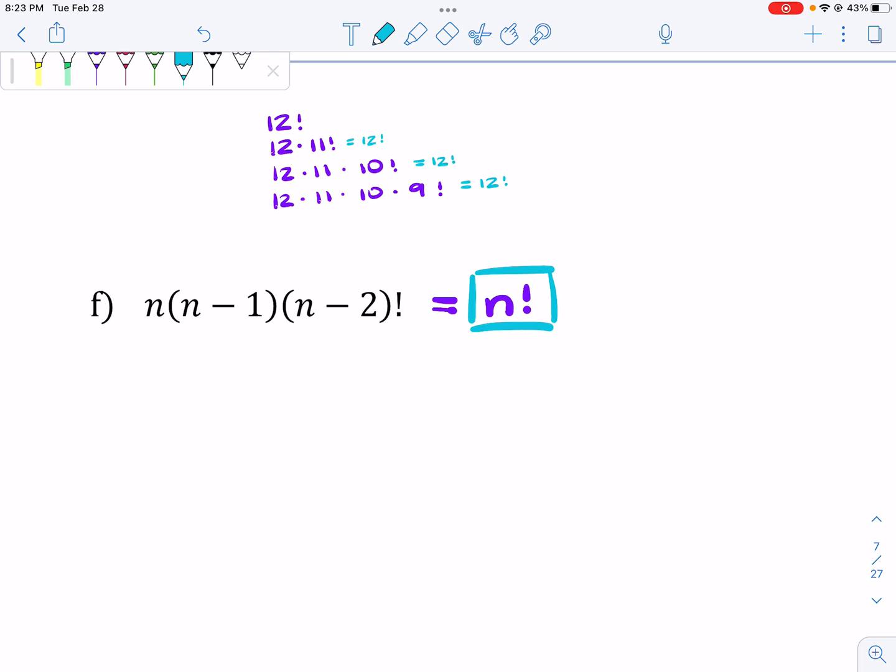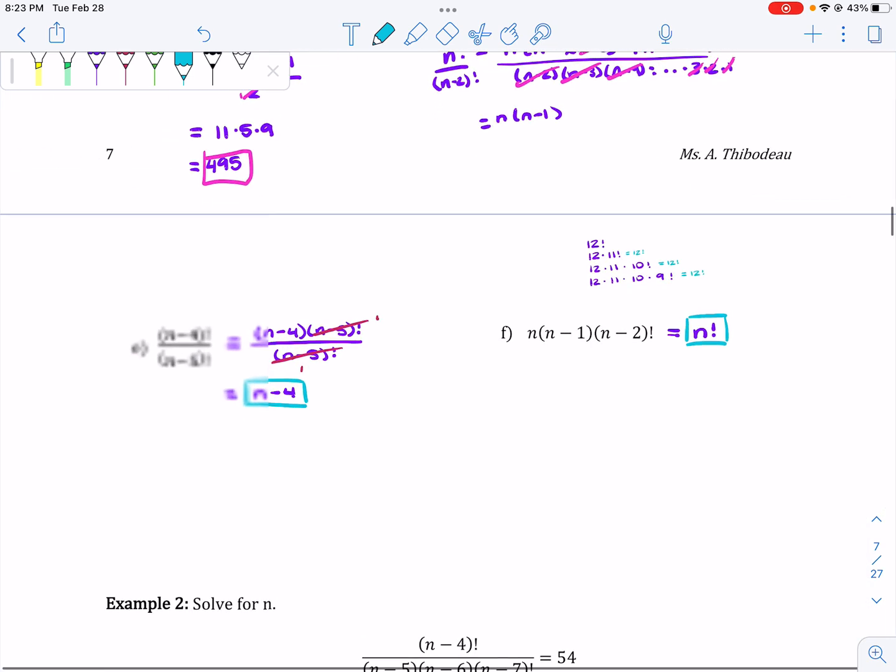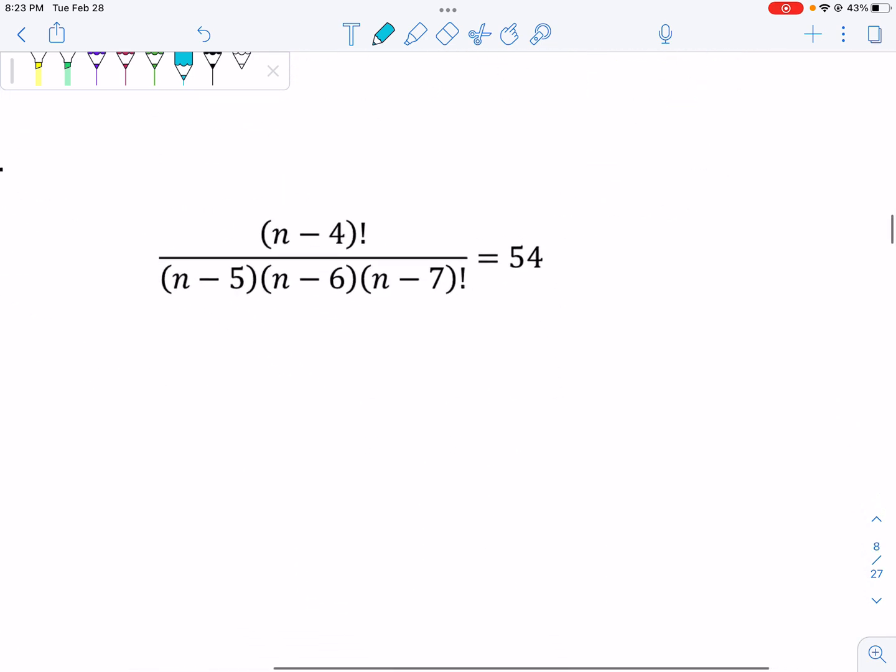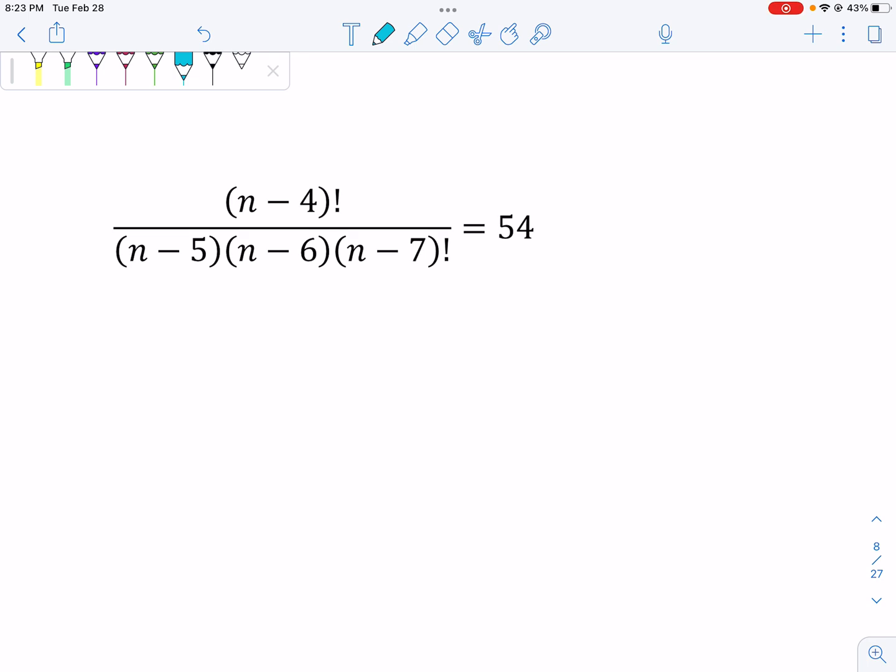All right, those are all of our simplifying factorial questions. Now we are dealing with this beauty. And this beauty is n minus 4 factorial divided by n minus 5 times n minus 6 times n minus 7 factorial, all equal to 54.